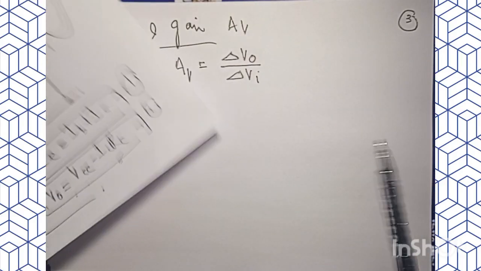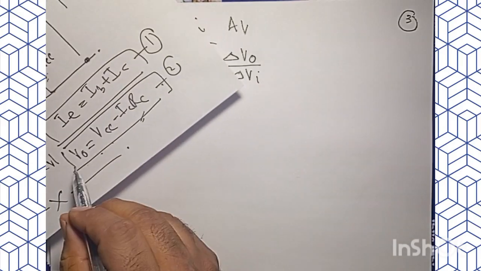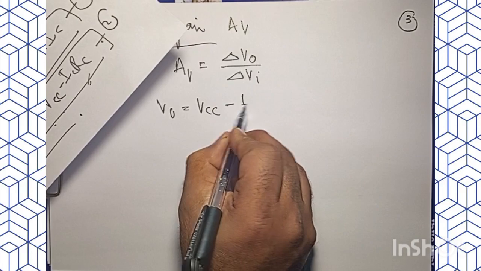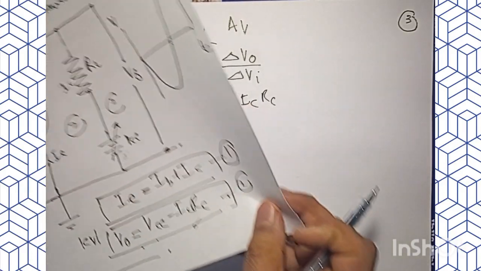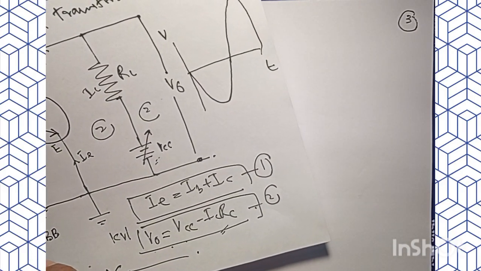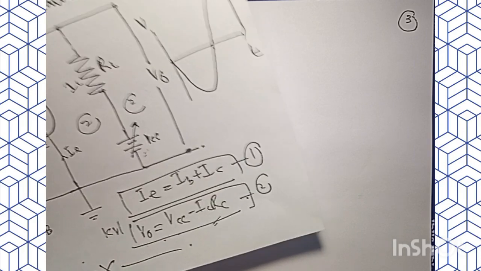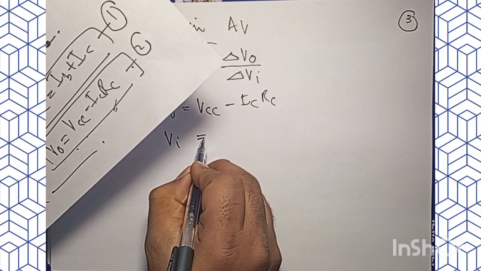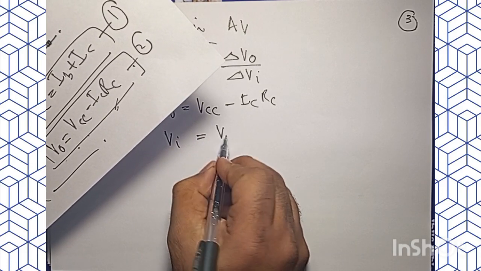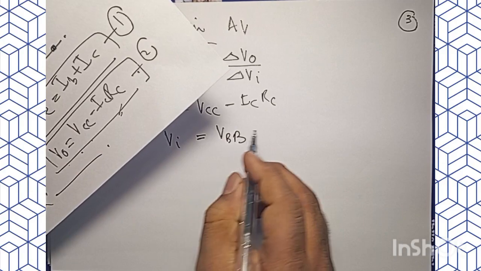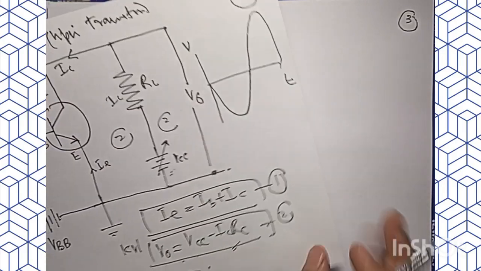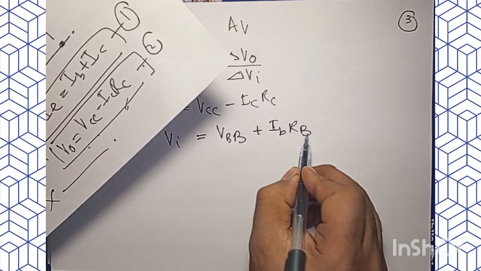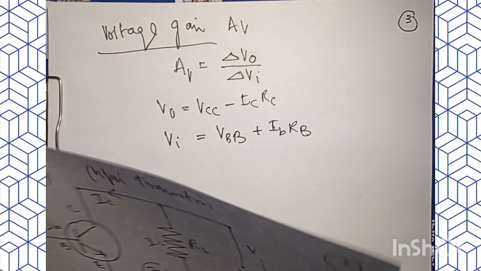If I rewrite them, V out is VCC minus IC RC, and for the input circuit, using KVL, I will have VI equal to VBB plus IB RB.